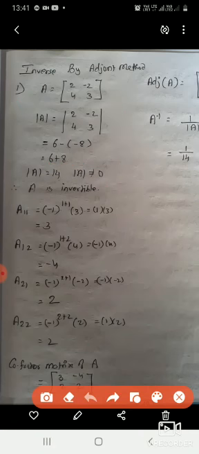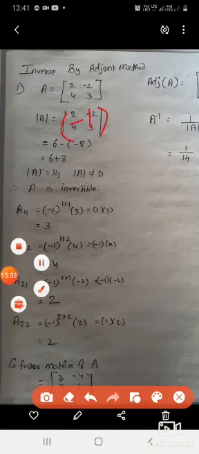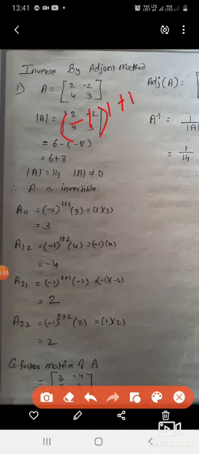To find the cofactor matrix, listen. First, A11. A11 is minus 1 the whole power 1 plus 1 into the minor. First row, first column you leave, 3 is going to come. So it is 3.